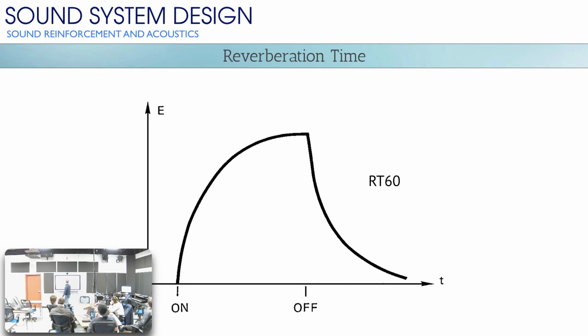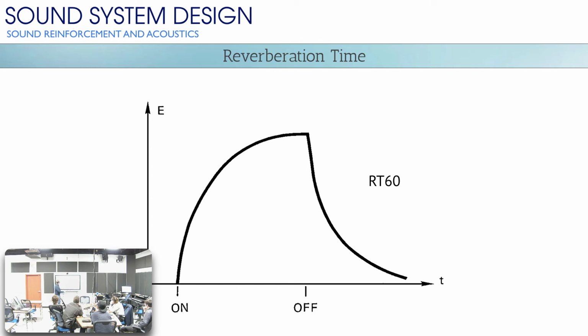So if we measured the total amount of energy in the room, which is what's happening on the vertical axis here, you start making sound, and you keep feeding sound into the room until you get to the point where you are feeding the sound into the room at the same rate at which it is ultimately being absorbed. Right? So you can see that this graph is eventually leveling out. And when it levels out, because you've got time on the horizontal axis here, eventually you'll reach that point where the energy is getting absorbed just as quickly as it's being generated.